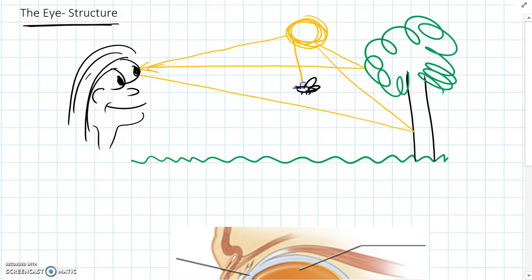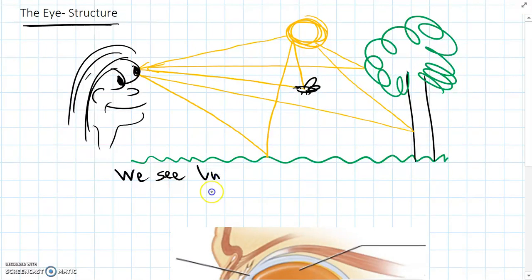The same for hitting the insect or hitting the ground, letting us see the grass. So to be able to see anything, light is reflecting off an object and then into our eyes.